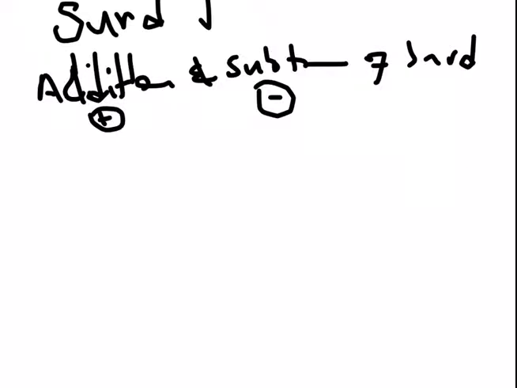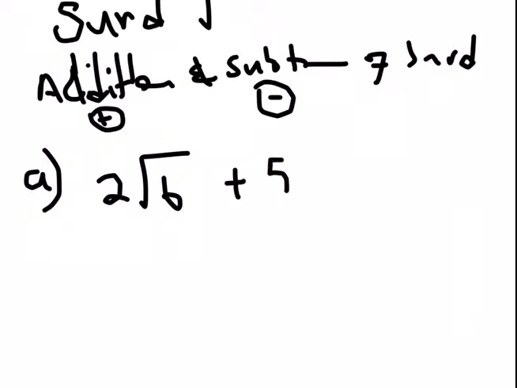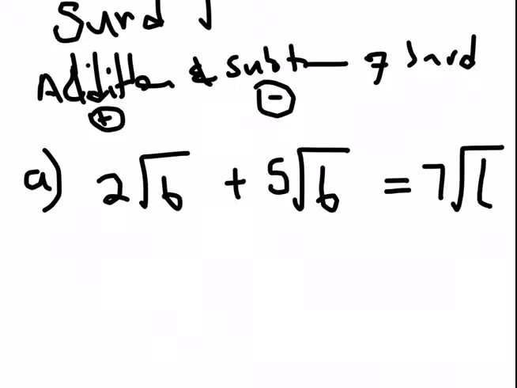So maybe as example A, let's say we have 2 square root of 6, and let's plus it with 5 square root of 6. For the answer to this, you don't need to use a calculator, but it should be 7 square root of 6.